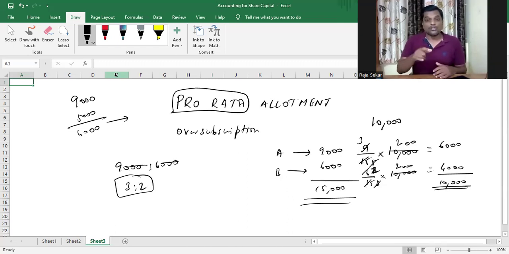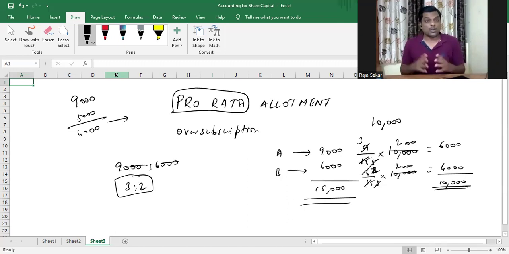What I'm going to do is, you have to pay me the allotment money next, right? So I will directly use this excess application money for allotment. And if there is any excess beyond that in allotment due, you can pay only that. So the case of excess application money comes into play whenever there is pro rata allotment. Understood or not, my dear children? I hope I have made sense with respect to what pro rata allotment is.